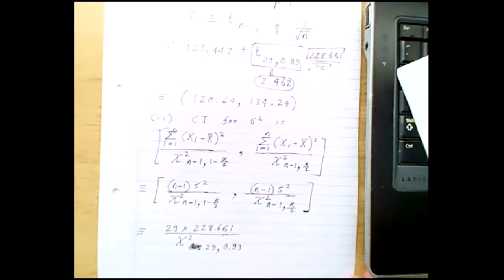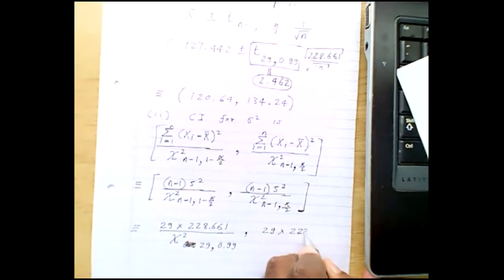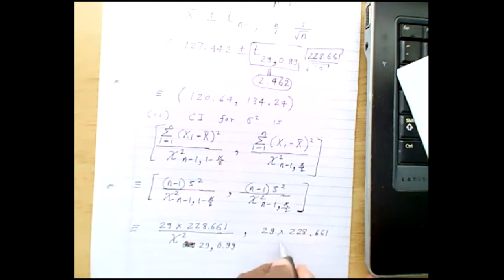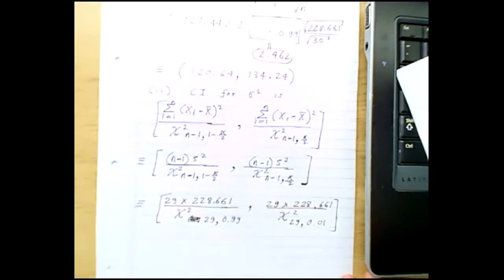So what you have here is 29 multiplied by 228.661 divided by chi-squared with 29 degrees of freedom and 0.01.